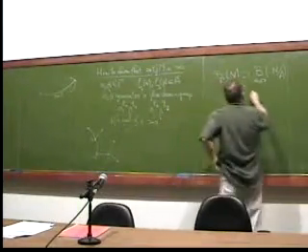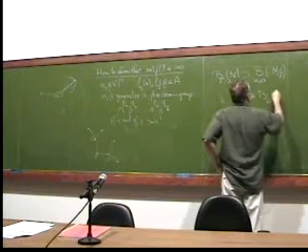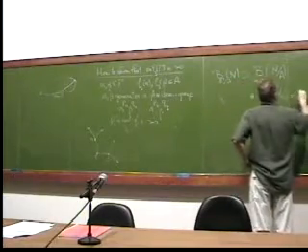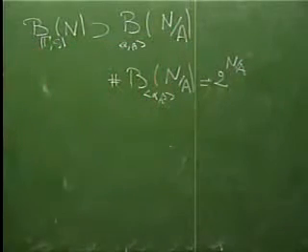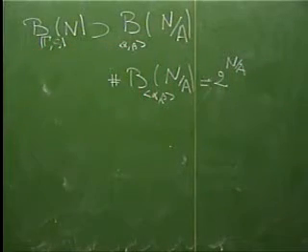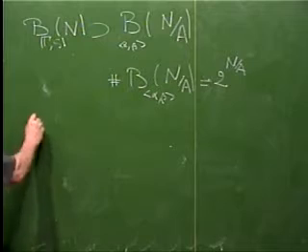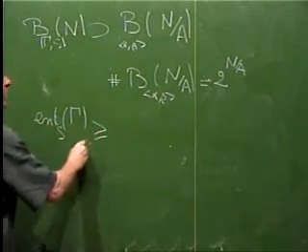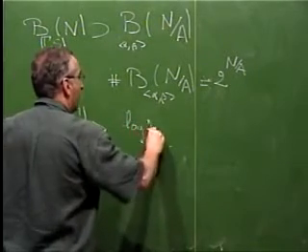And what we have just seen is that the cardinality of this ball here is like 2 to the n over A. Of course, it may not be an integer, but never mind. So now you take the logarithm, you divide by n, and what you get is that the entropy of gamma with respect to S is greater or equal to log of 2 over A.